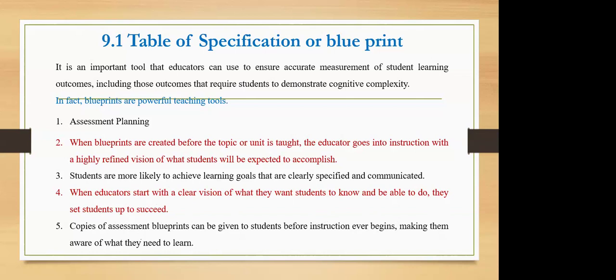Then if we can distribute the blueprint among the children before the lesson, the students can get the idea of what they need to learn, what is going to be done, and which areas they should give their attention to.